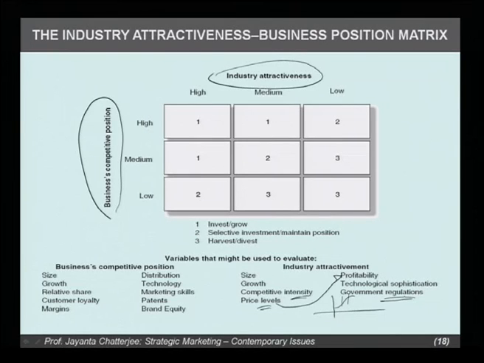So, if you use this high, medium, low in industry attractiveness, and if you use high, medium, low in business competitive position also, then you can get not a 2 by 2 matrix, but a 3 by 3 matrix, which gives us some interesting ways to build our overall business portfolio, product portfolio, different marketing approaches or a portfolio for marketing strategies.